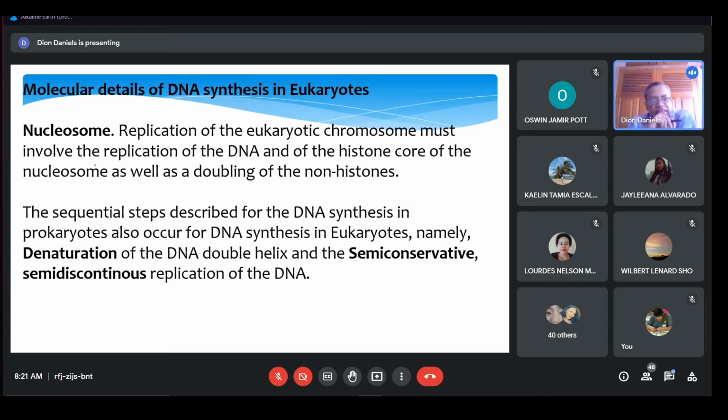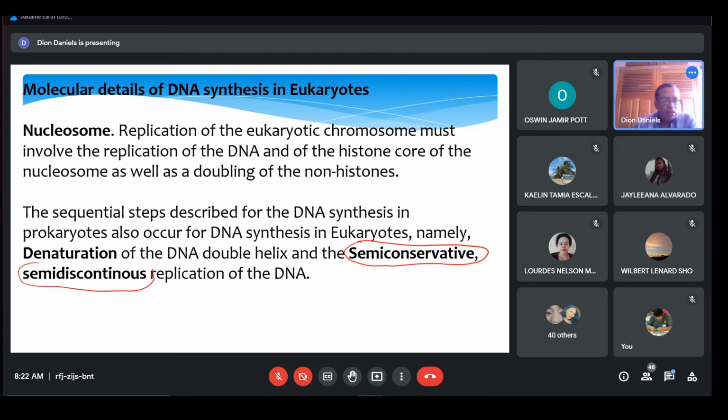The sequential steps described for the DNA synthesis in prokaryotes also occur for DNA synthesis in eukaryotes. Namely, one, denaturation of the DNA double helix, and then the semi-conservative, semi-discontinuous replication of the DNA. We spoke about semi-conservative, and we know what it means, right?